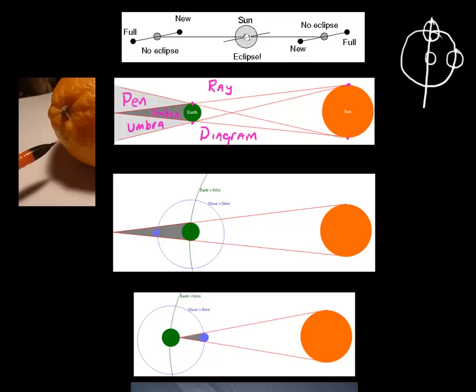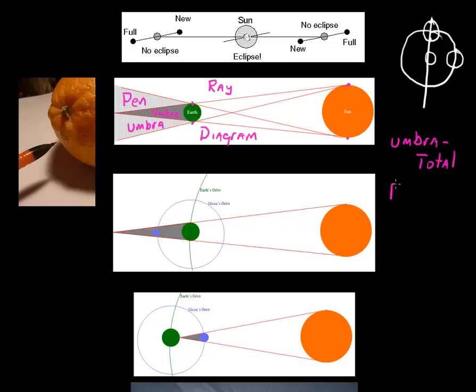If you are in the umbra, we can get what's called a total eclipse. So I do want to write that over here: umbras can give you a total eclipse. You can get a total lunar eclipse or a total solar eclipse if you can get the blocked body inside the umbra of the blocking body.